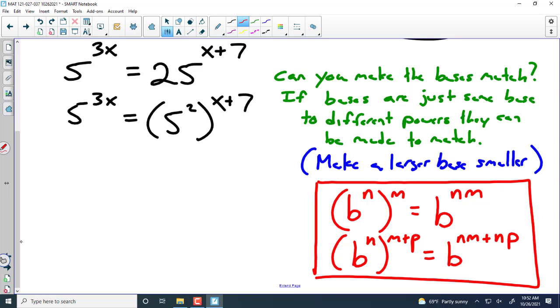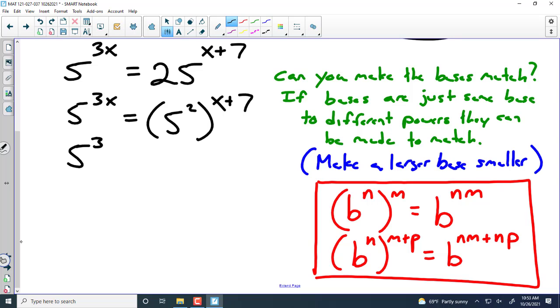And if either of the powers has multiple terms, then you do have to distribute. So b to the n to the mth power is b to the nm, and b to the n power with an n plus p on the outside, you have to distribute that n to both of those.